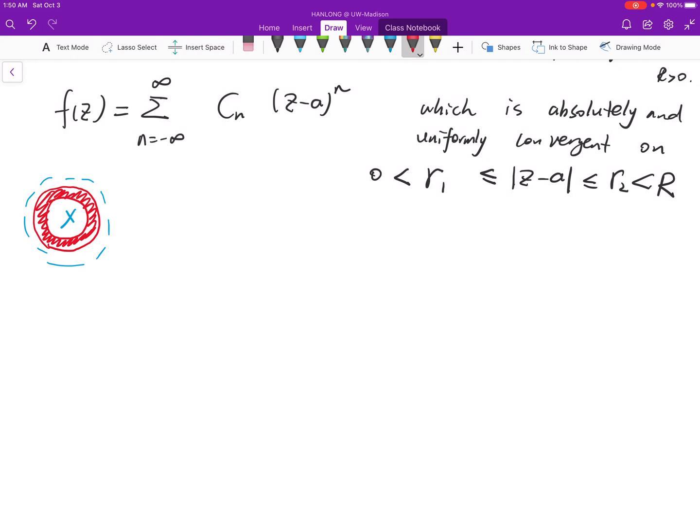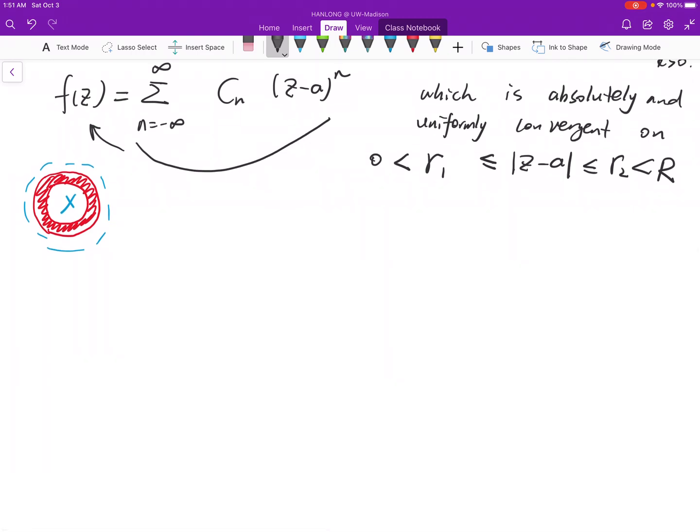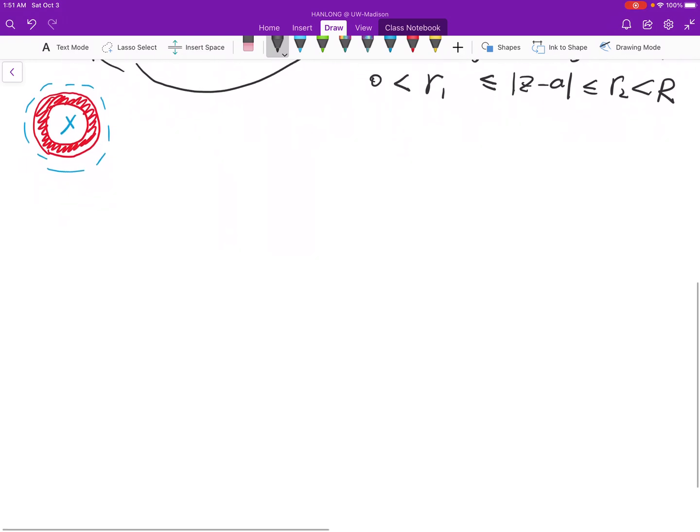Then the limit of the sequence of functions is f(z), and this convergence is uniform. In other words, you can interchange the order of summation on the right-hand side in an arbitrary way.